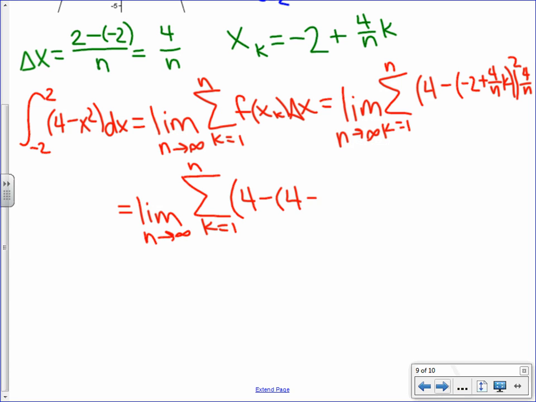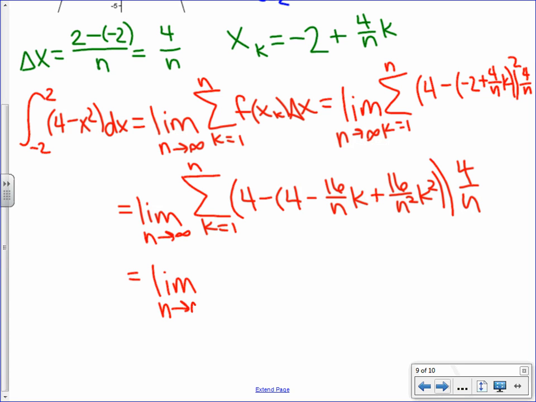Four, minus, because we have negative 2 times 4 over n times k, which is negative, twice. So we have negative 8 over n times k, twice, plus 16 over n squared times k squared.